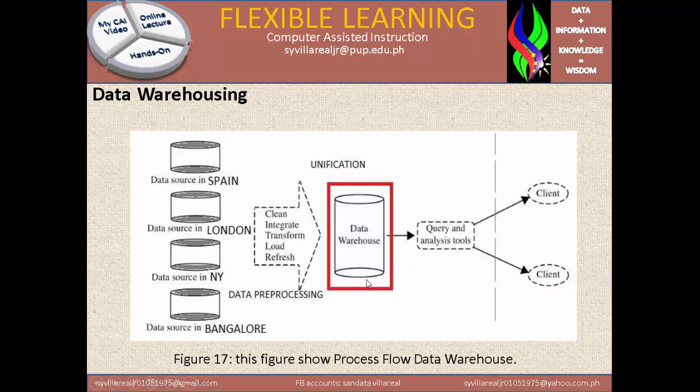Okay, so this database we mentioned is a data warehouse. Why? Because all of the data of different countries right here are saved already in one database, and that is unification.